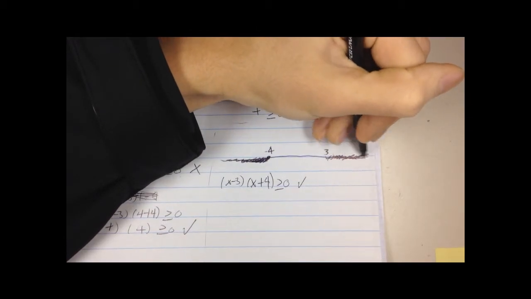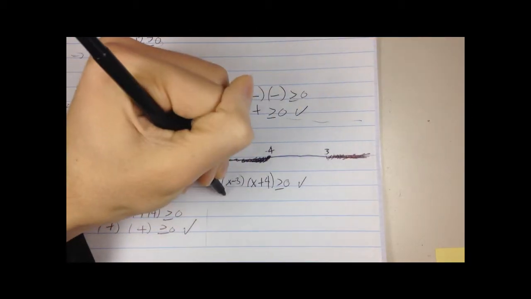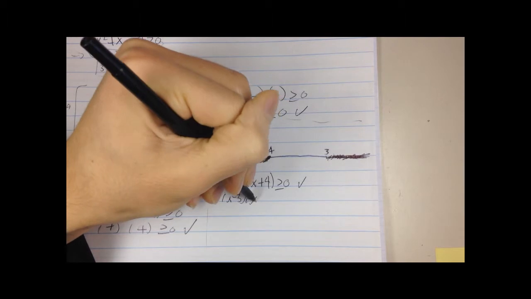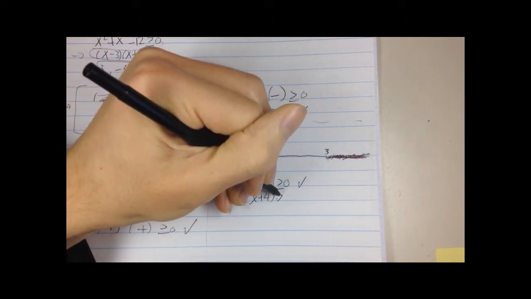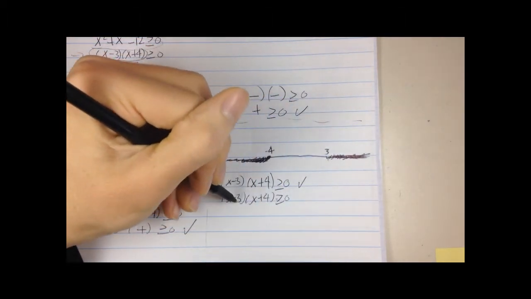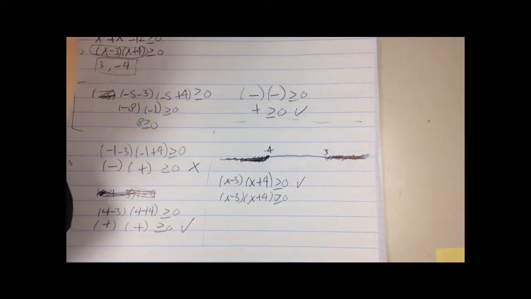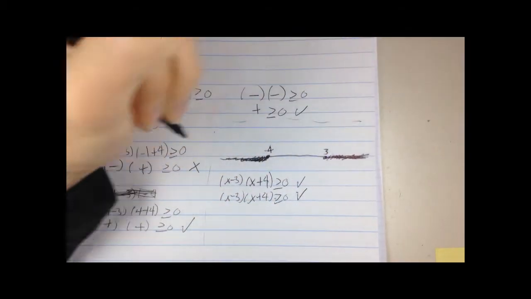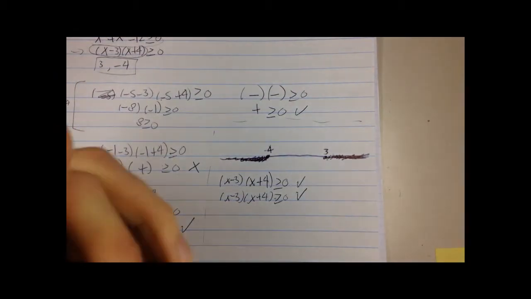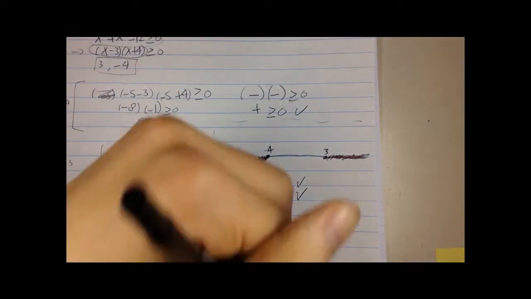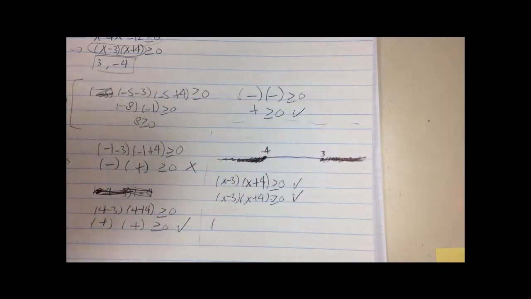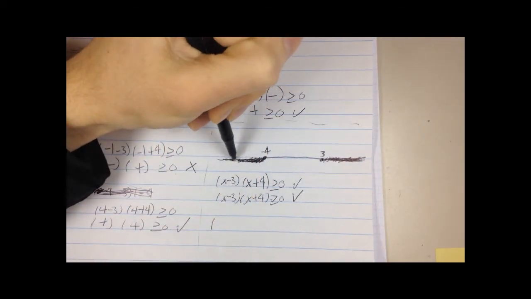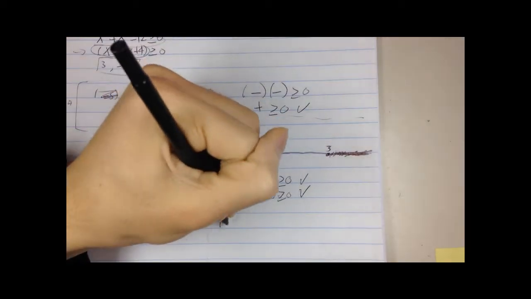And so for 3, it's going to be the same thing. If we plug in 3 right here, it's going to be 3 minus 3, that's going to be 0. 0 equals 0, that's true. So this point is also going to be in our range. And so now we just need to write out our range. So for this first one right here, it's going to go all the way back to -infinity.